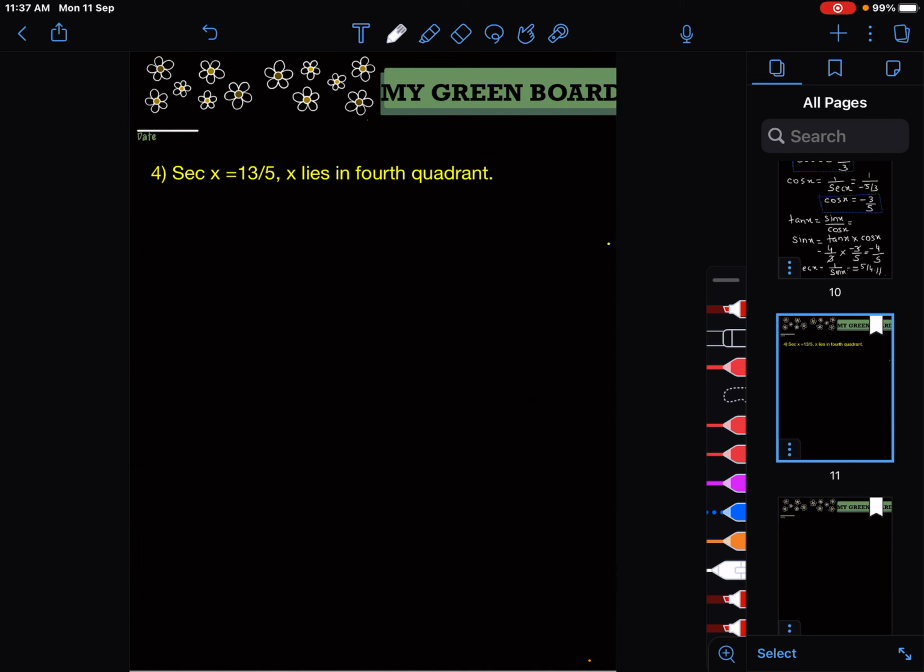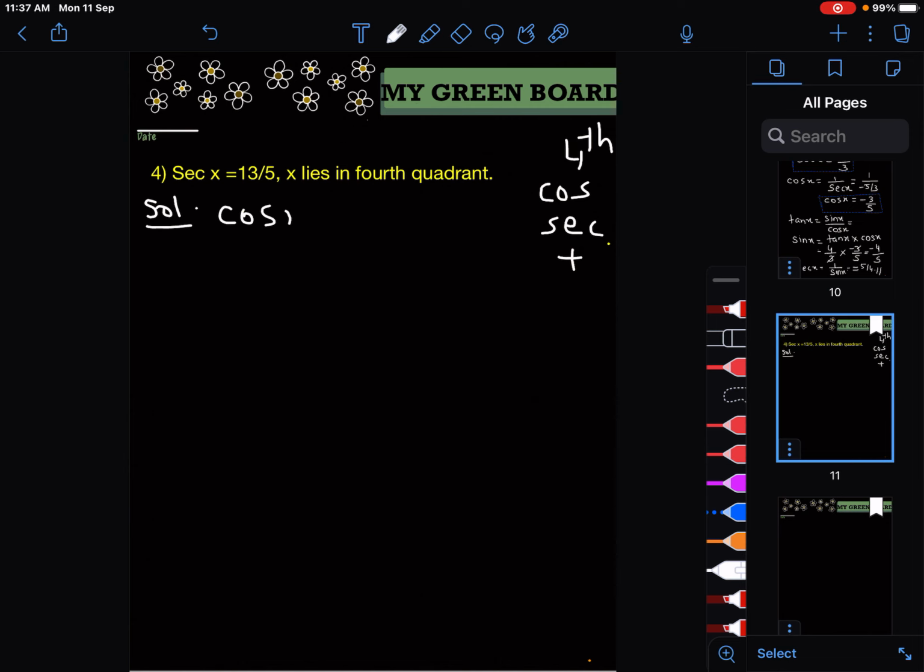Now let's go to the next question. Find the values where x lies in the fourth quadrant, and the value of secant x is given. Okay, now how can we write this? Here secant x is given, and in the fourth quadrant we very well know the values of cos and secant are positive, rest all are negative. So let's find the reciprocal of what is given, that is cos x.